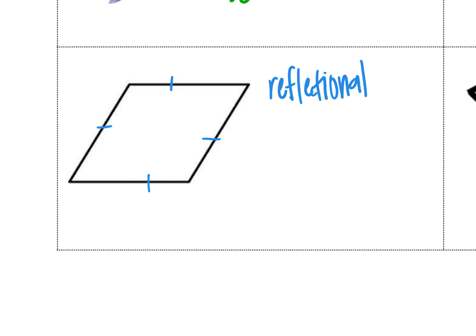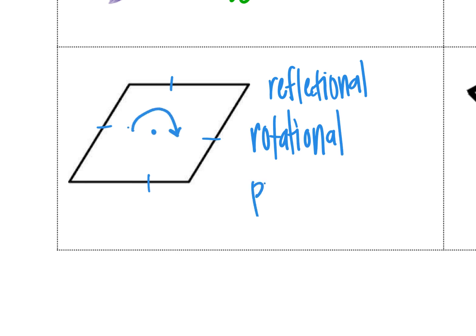So you could fold it there, or you could fold it there, and it would land on itself. It has rotational symmetry because you could rotate it specifically 180 degrees, and it would land on top of itself. So it also has point symmetry.